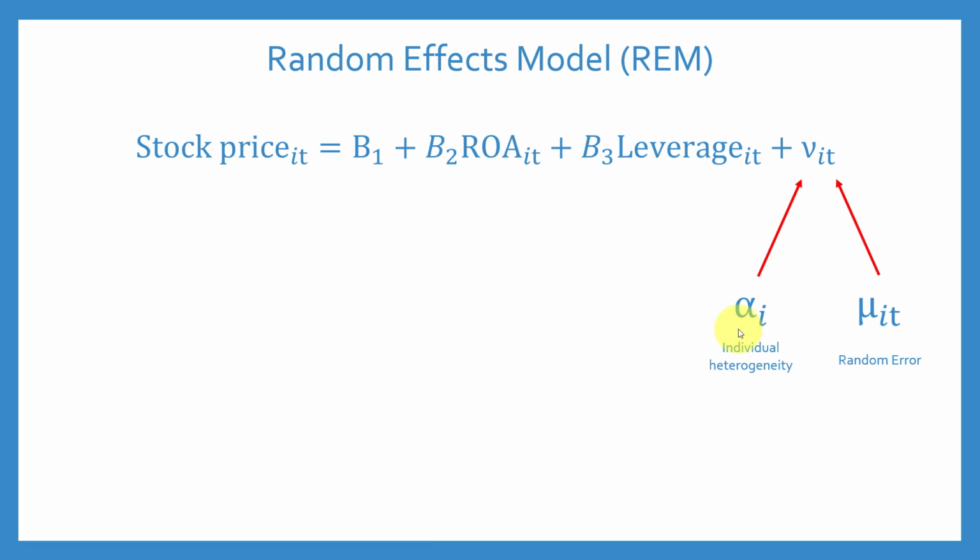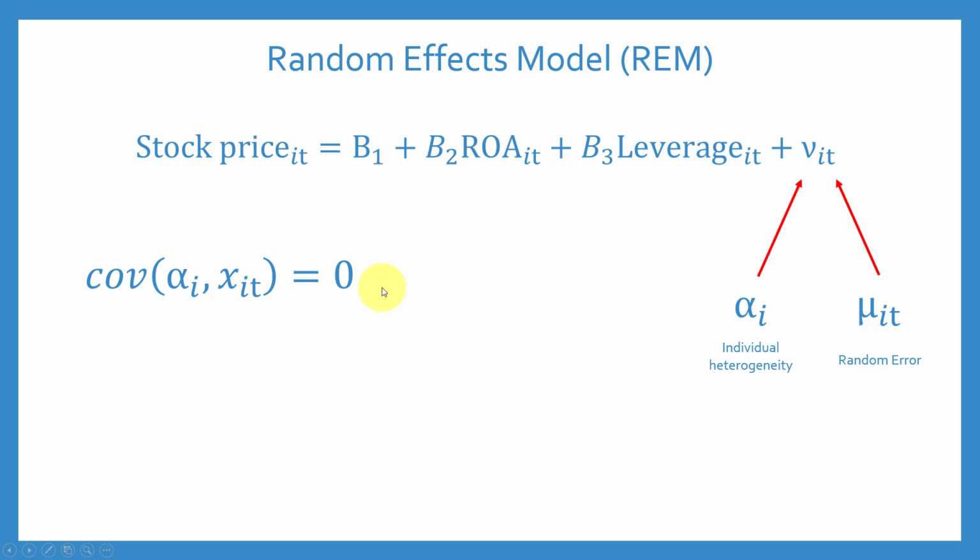But for the random effect, we use a different kind of technique. We use the GLS method, but we would not go into the mathematics of that, we would just look into the intuition of that. We know that the issue is the covariance between this individual heterogeneity and our independent variable.